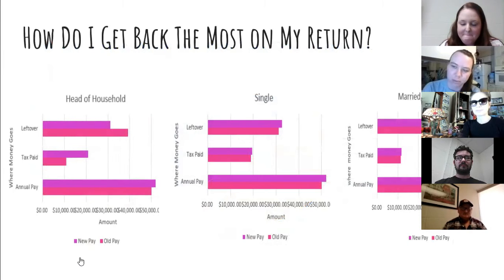A married couple filing jointly in 2018 stays at 10% until their joint income reaches $19,050, while for head of household, the cutoff is $13,600.